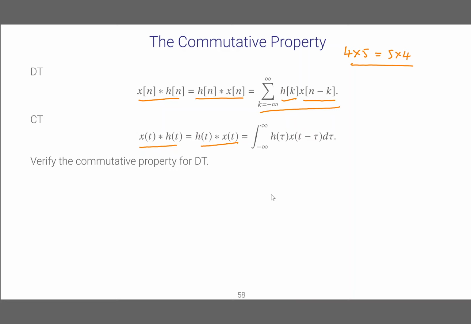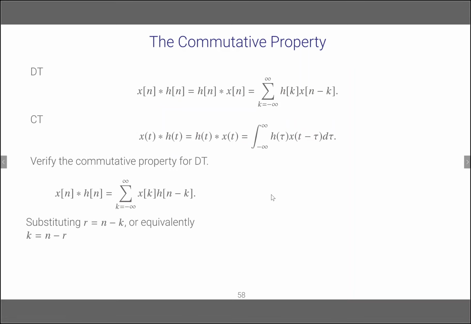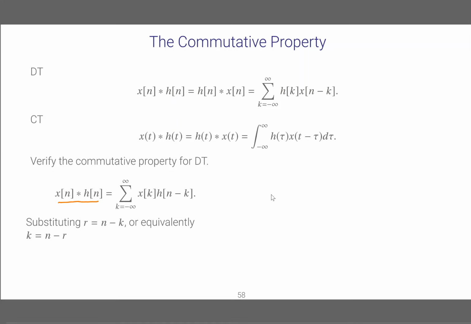So we can verify this for the discrete time. Let's write x[n] convolved with h[n], which is the sum over k from minus infinity to infinity of x[k] h[n minus k]. So we substitute r equals n minus k.